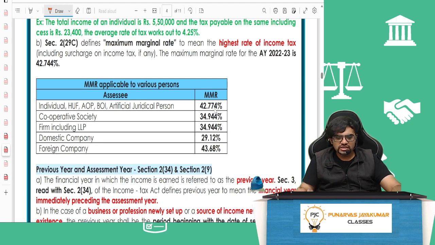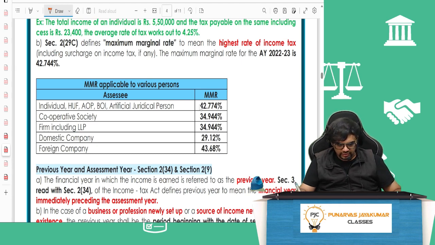So for an individual, guys, what is the highest slab rate? 30%. And what would be the highest surcharge? What is the highest surcharge that an individual will pay?